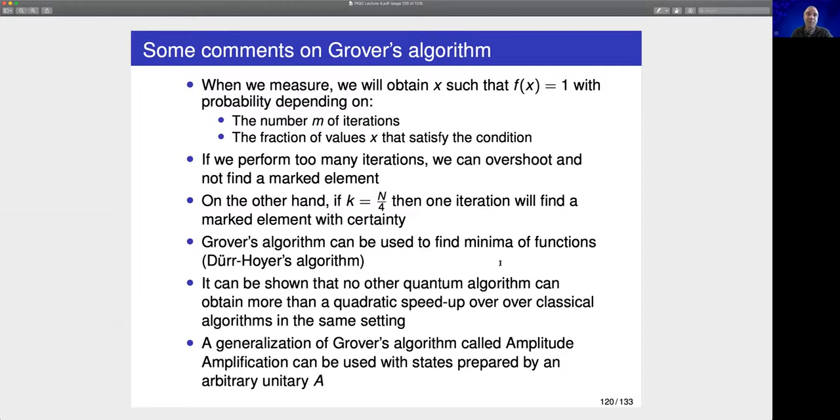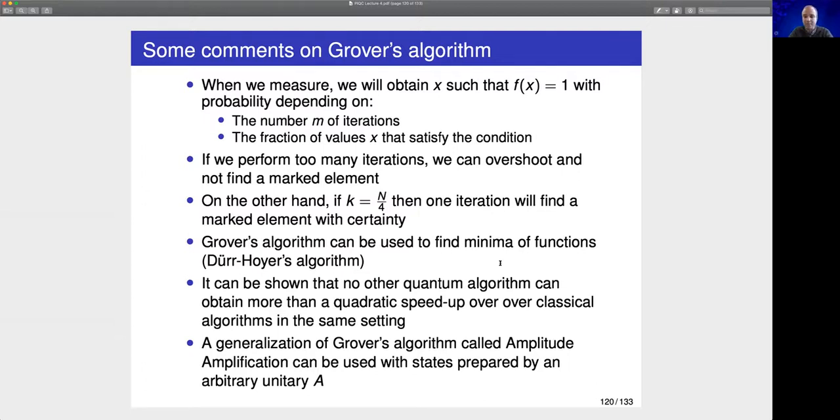And since we have some probability, depending on the number of iterations and the number of marked elements that we have, of finding an element verifying the property, and some probability of not finding this element, this is an algorithm that is not like Deutsch-Jozsa, in the sense that maybe we need to repeat this algorithm several times.